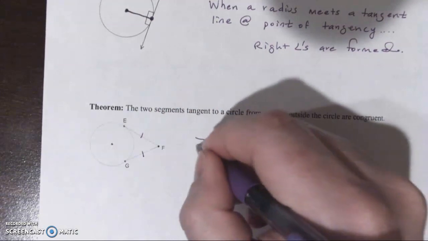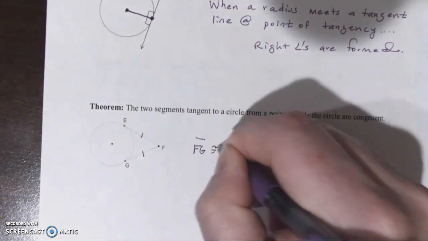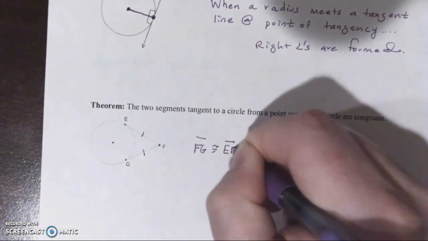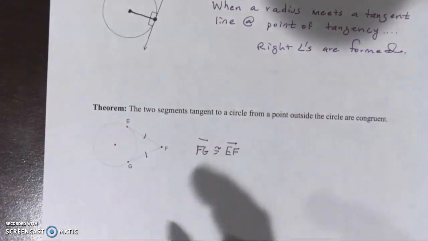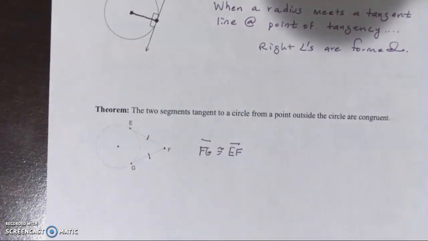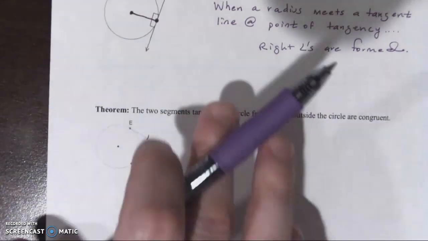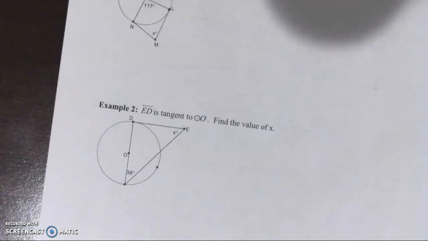In this case, segment FG would be congruent to segment EF. And you're going to see problems here on our examples that deal with this. So let's turn the page. Two theorems that come from tangents being formed intersecting a circle.